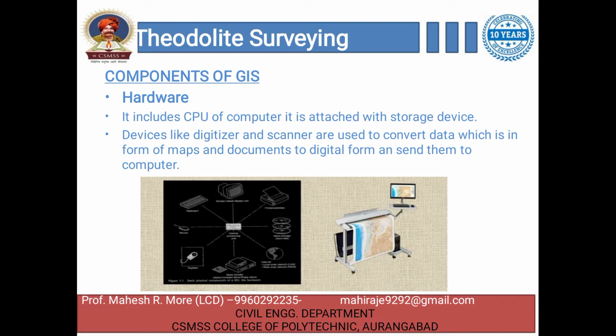It includes the CPU of the computer, which is attached to a storage device. Devices like digitizers and scanners are used to convert data in the form of maps and documents into digital form and send them to the computer.